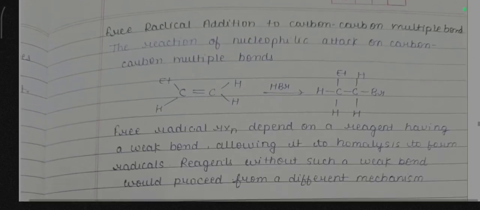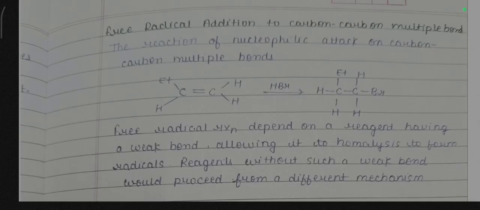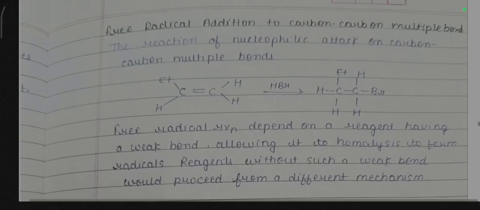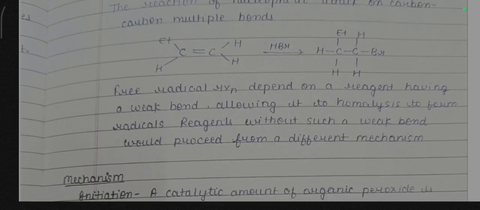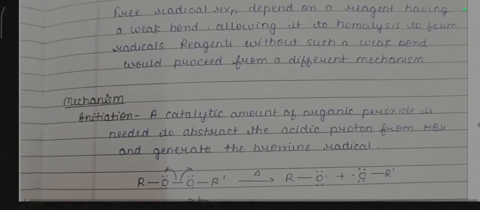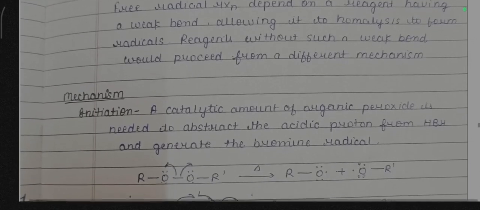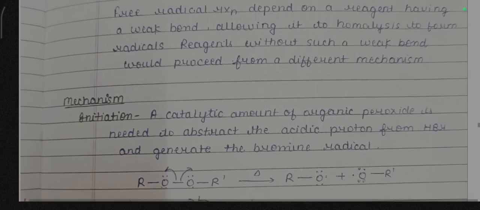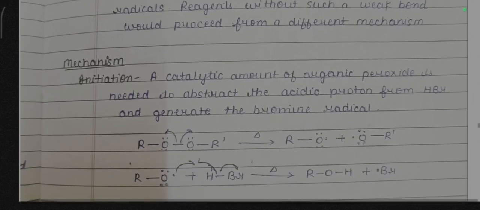Free radical addition to carbon-carbon multiple bond. Free radical reactions depend on the reagent having a weak bond, allowing it to undergo homolysis to form radicals. Reagents without such a weak bond would proceed by a different mechanism.